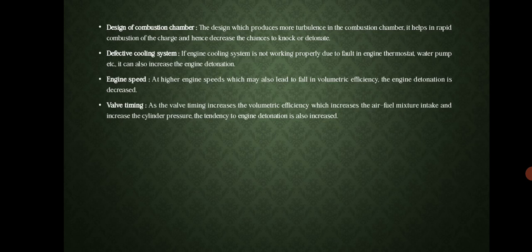Engine speed. At high engine speed, which may also lead to a fall in volumetric efficiency, the engine detonation is decreased. Valve timing. As valve timing increases the volumetric efficiency, which increases the air fuel mixture intake and the cylinder pressure, the tendency to engine detonation is also increased.